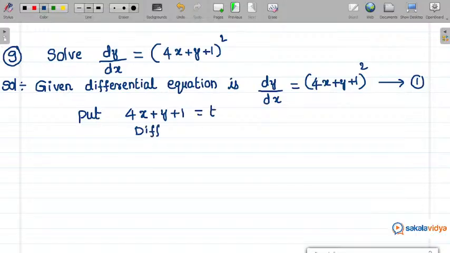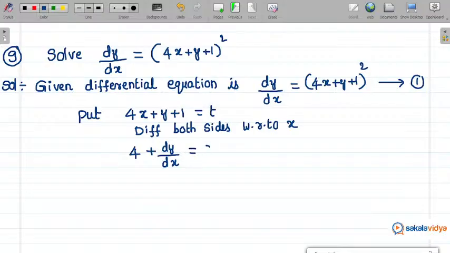Differentiate both sides with respect to x. Then what do we get? Differentiating both sides with respect to x, x differentiation is 1, so 4 plus y differentiation is dy by dx, plus 1 differentiation is 0, equals dt by dx.